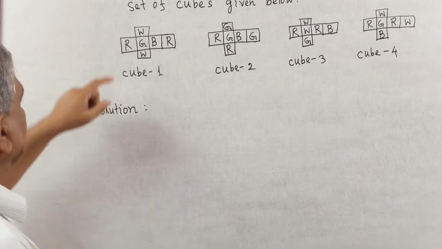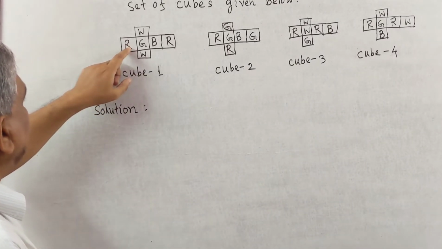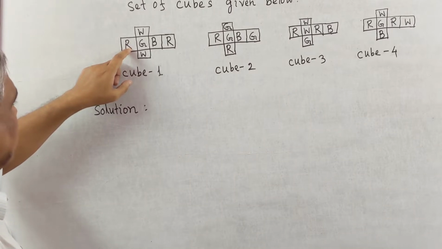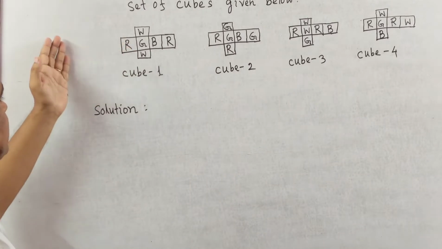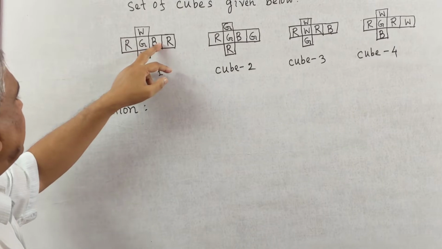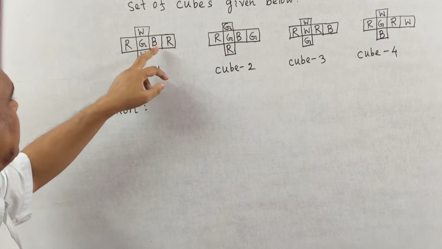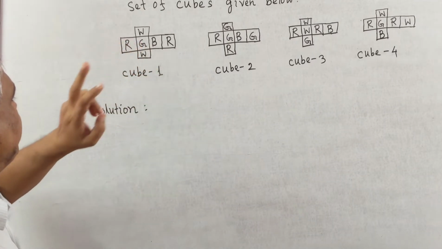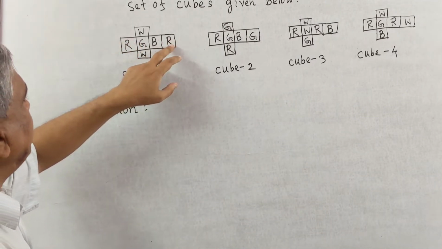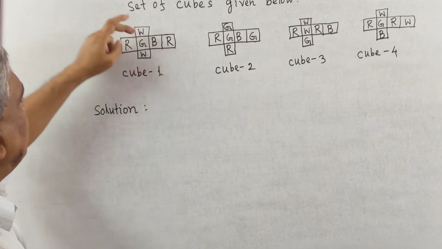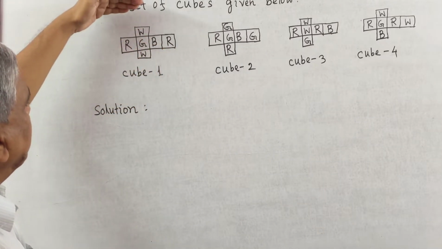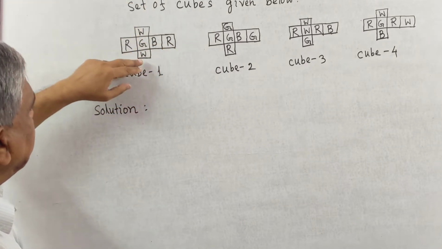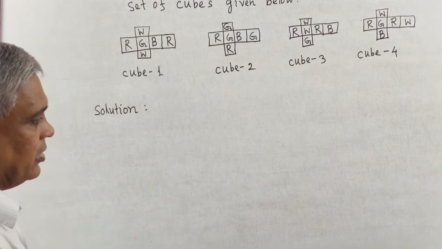We know that this red is the color of the left face, and B means blue, is the color of the right face. G be the color of the front face, and R be the color of the back face. W is the color of the top face, and this W is the color of the bottom face.